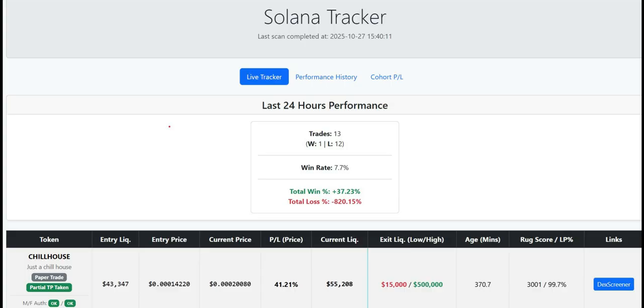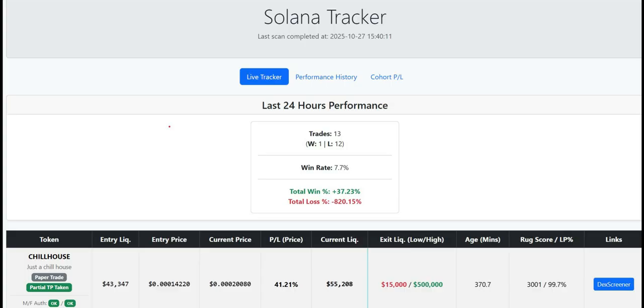Next to it, exit liquidity low/high shows the predefined exit targets. The system's logic is designed to signal an exit if the liquidity either drops below $15,000 or grows above $500,000, helping you identify when to lock in profits or prevent losses. Age tells you how many minutes this token has been tracked.